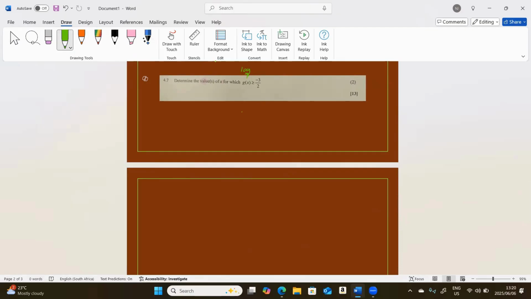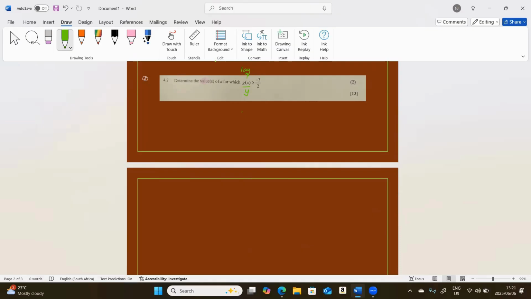So now that we know that, we can just go and replace. Guys, when you stare at this function notation of g(x), you are going to make life difficult for yourself. When they ask questions like these, go and replace g(x) with y, because then it makes more sense.